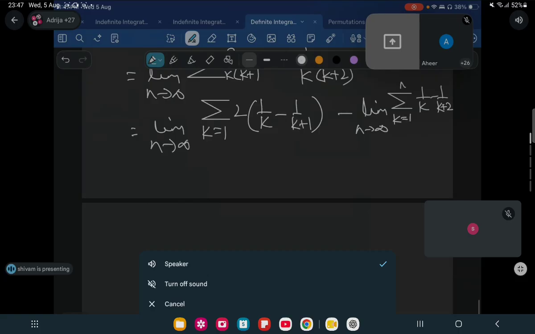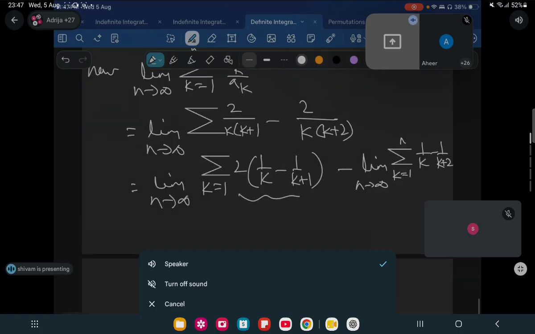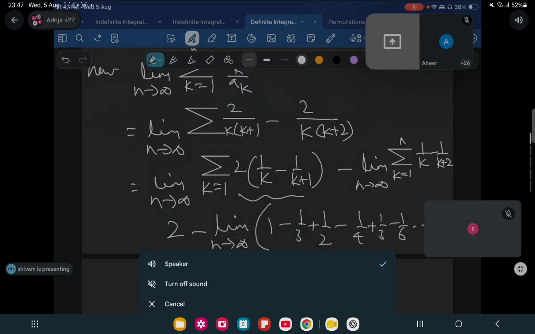Now, everyone, this limit, when you substitute from k equal to 1 to n, it will go on up to infinity. So this is 2 minus limit n tends to infinity. Let us substitute: 1 minus 1 by 3 plus half minus 1 by 4 plus 1 by 3 minus 1 by 6, and so on.